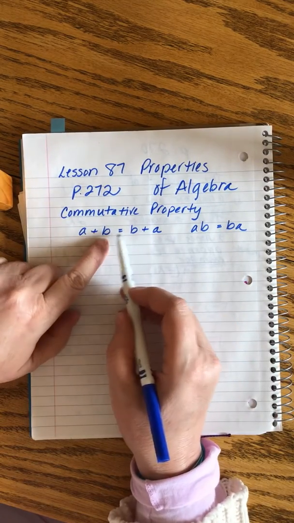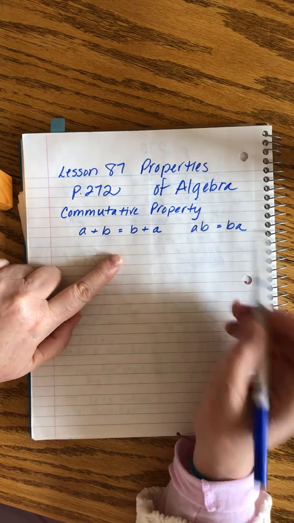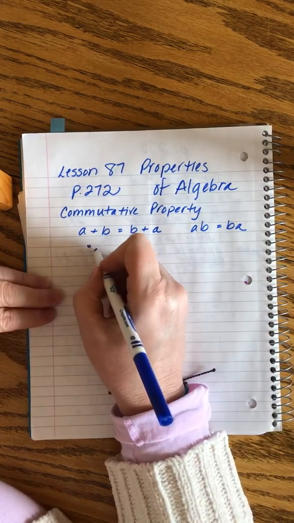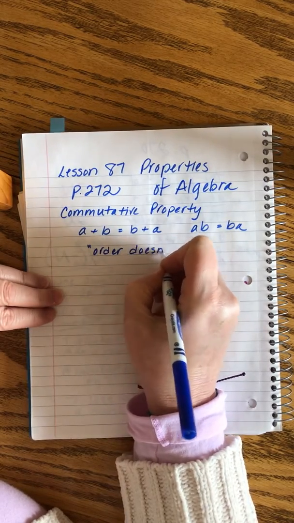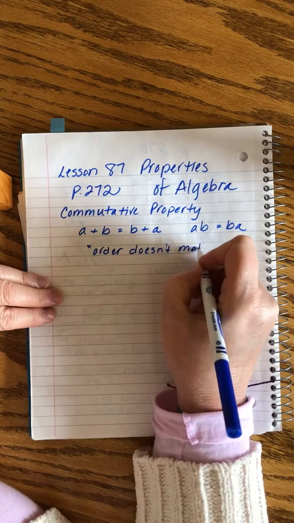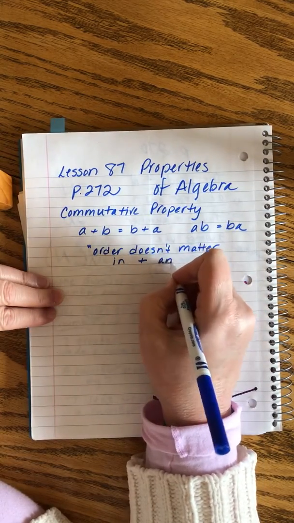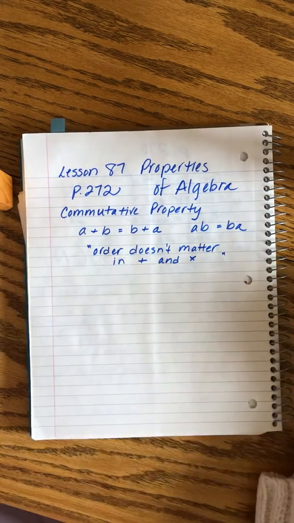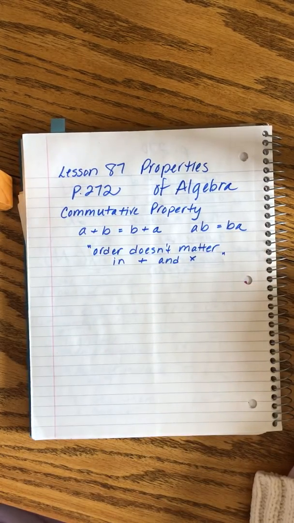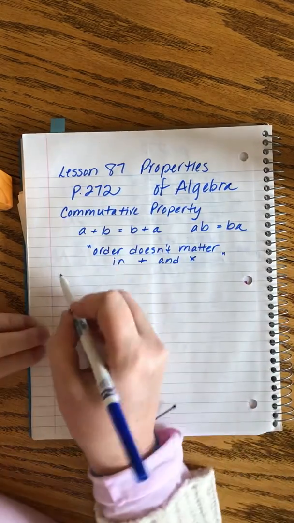A plus B is going to be the same as B plus A, and A times B is going to be the same as B times A. So order doesn't matter in addition and multiplication. It does matter, obviously, in subtraction and division, but for adding and multiplying, order doesn't matter.